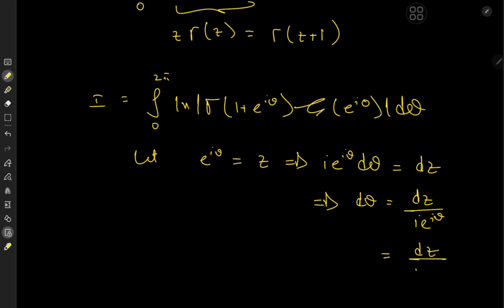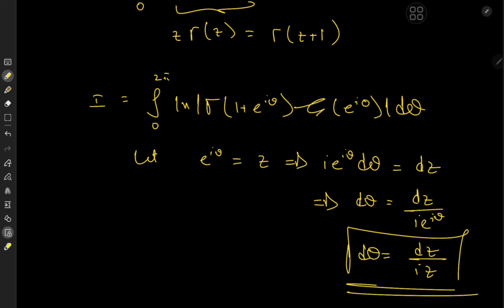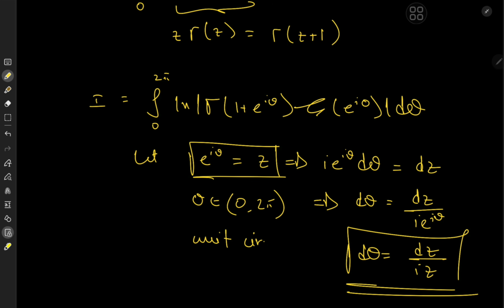And e to the i theta is just z, so we have d theta equal to dz over iz. And for theta in the interval from 0 to 2 pi, this is just the unit circle. So that means we've now transformed this into a contour integral.